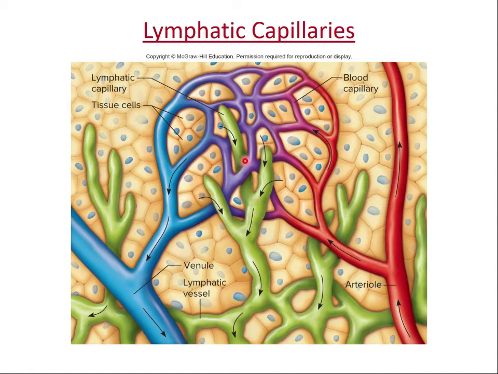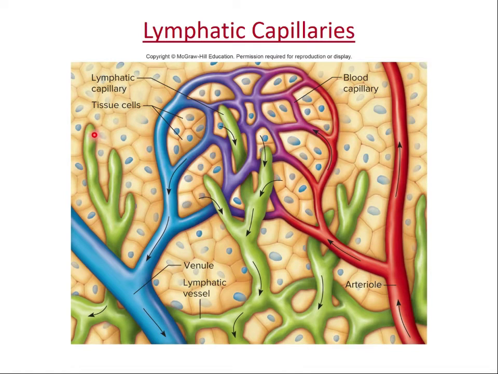So if we look at a schematic, we talked about how blood is brought through the arterioles, comes to the capillaries, and here we have the exchange of material forming the capillary bed that forms the venules and brings it back to the vein.